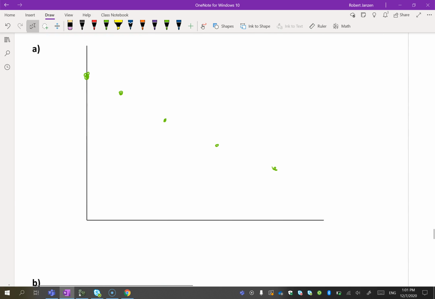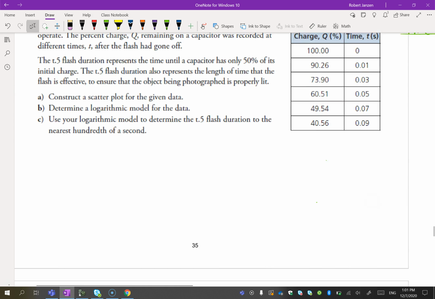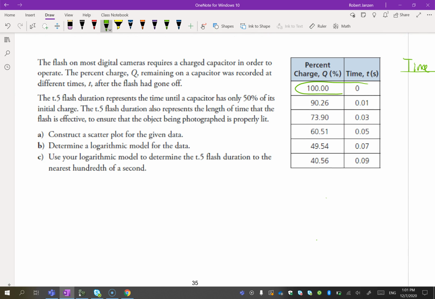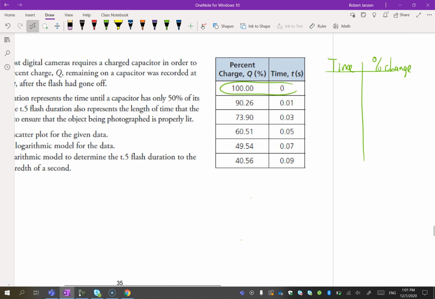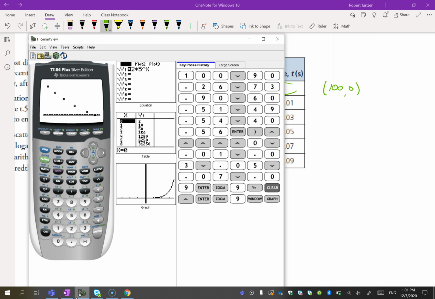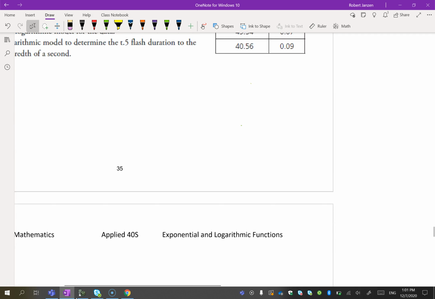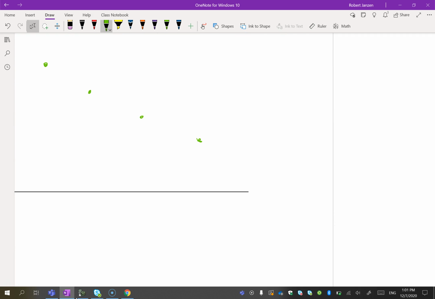Okay, so again, where is this first piece of data? Remember, this is the point 100, 0. Looking at our graph, where is 100, 0? Well, you can see that it should be somewhere around here.